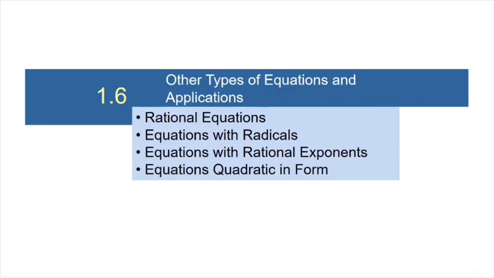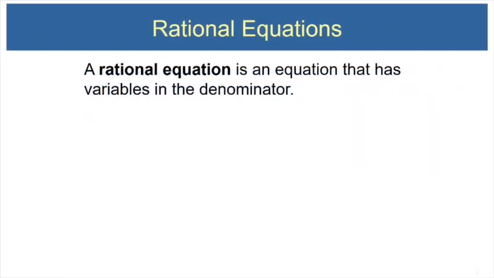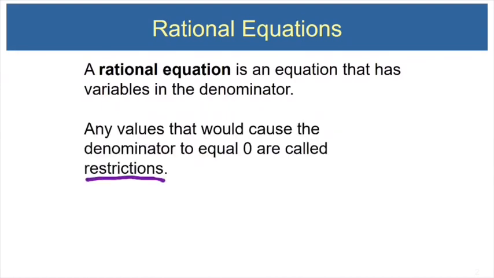Let's get started. First, let's look at rational equations. Now remember, the word rational just means that the thing can be written in the form of a ratio or a fraction. So a rational equation is an equation that has variables in the denominator. Any value that would cause the denominator to equal 0 is called a restriction.